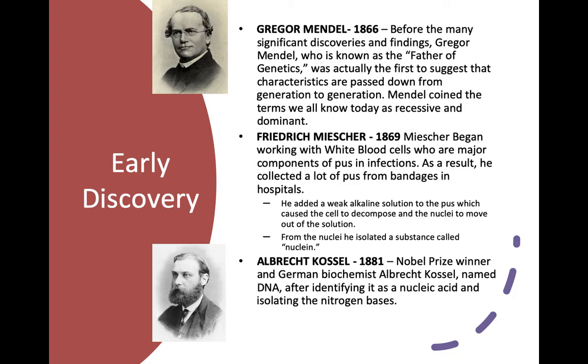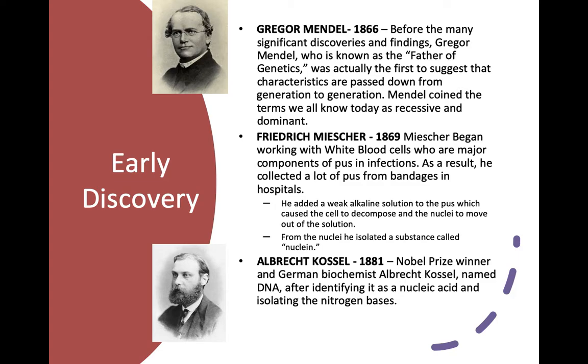It wasn't until 1869 that Friedrich Miescher began working with white blood cells, actually the pus within the white blood cells that he collected from bandages. He would manipulate that pus by adding a weak alkaline solution, which caused the cells to decompose and the nucleus to move out of the solution.